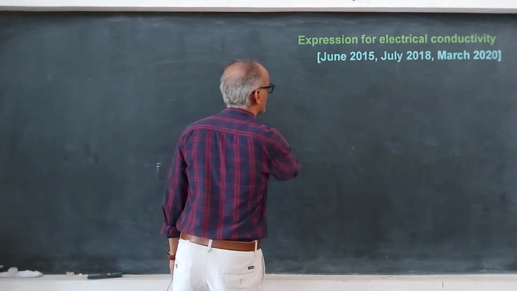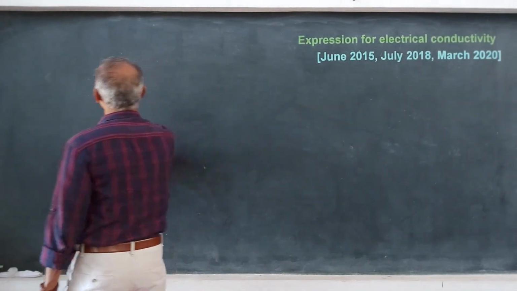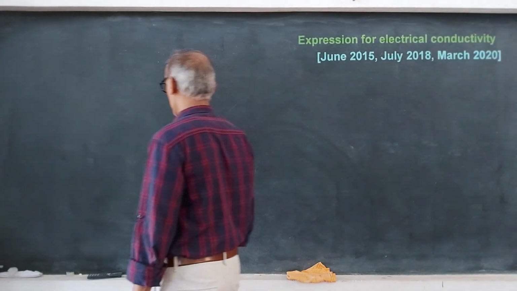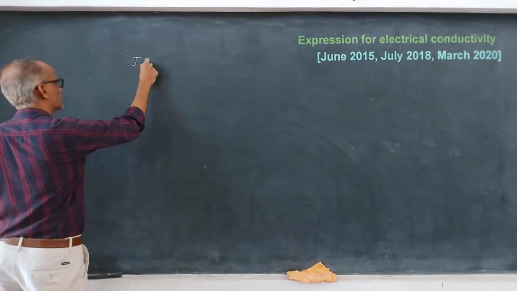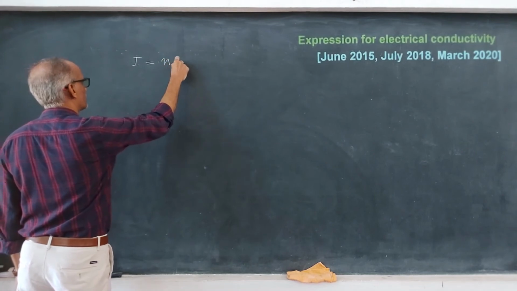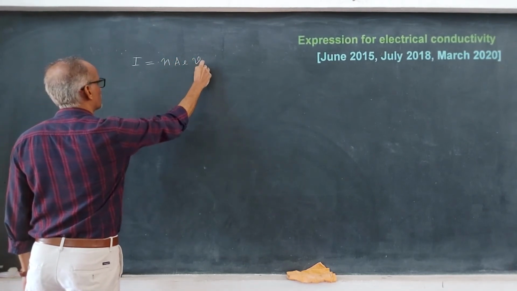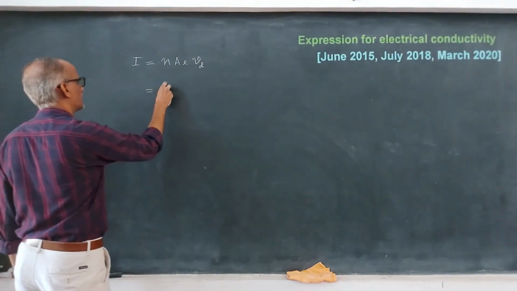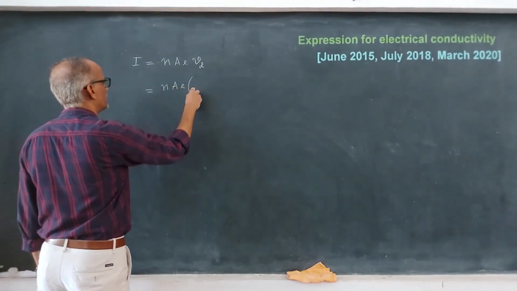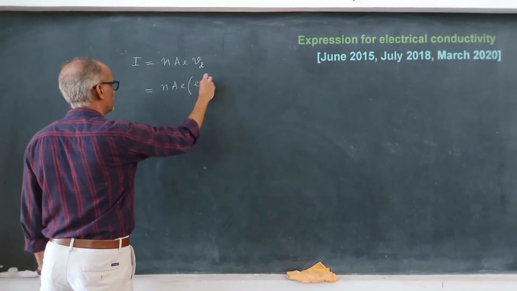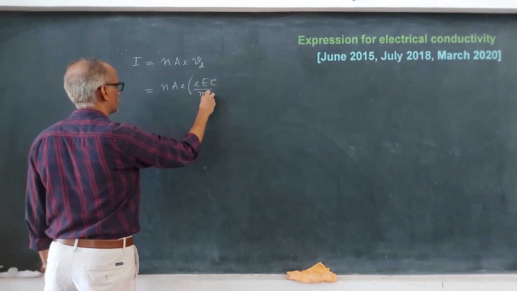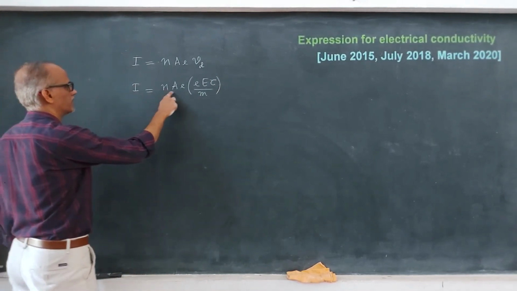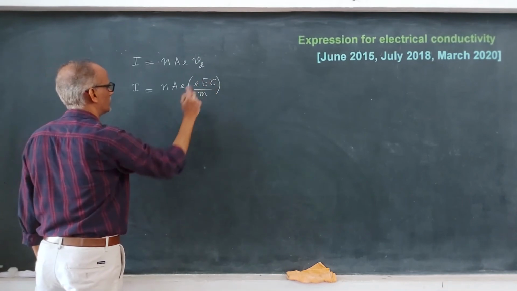Expression for electrical conductivity. For that I am going to start with the expression for current. I is equal to N A e v_d, and then let us replace v_d as e E tau by m. I is equal to N A e, and v_d is nothing but e E tau by m.